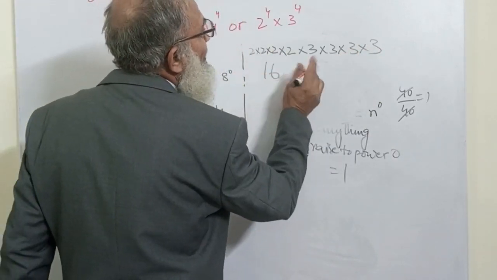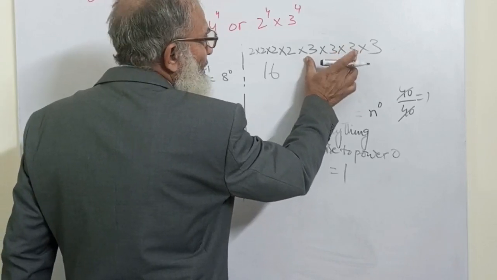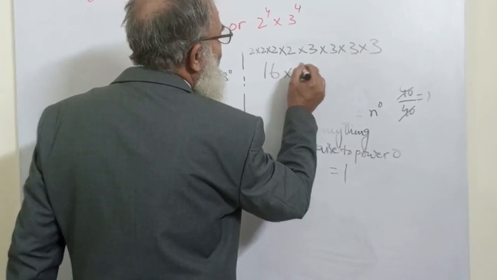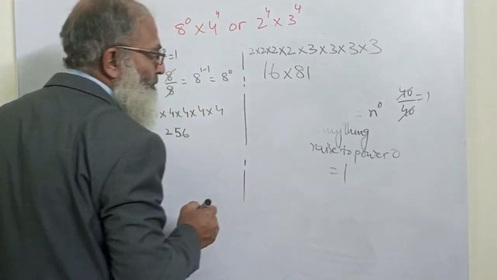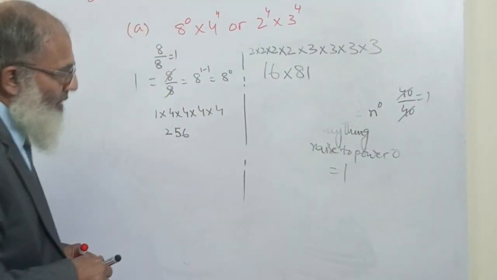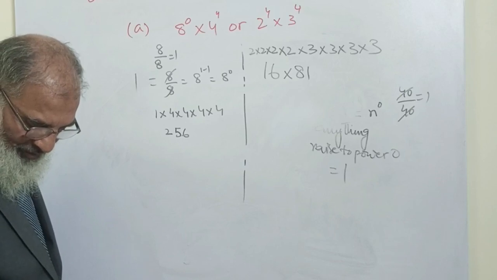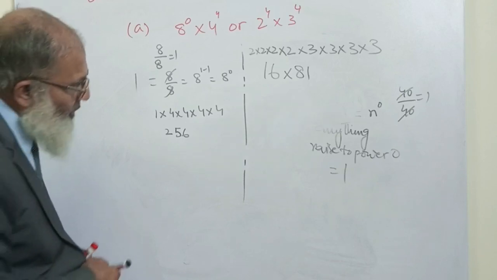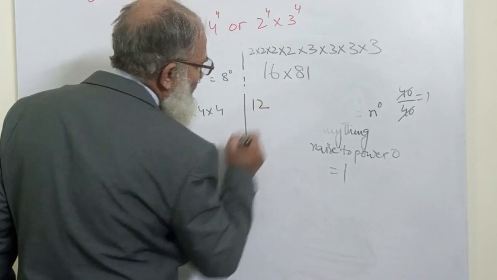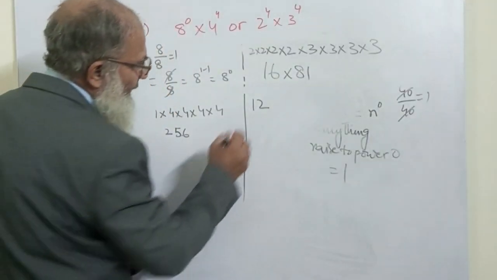It becomes 16, and this becomes 27, 81 multiplied by 81. 16 multiplied by 81 is equal to 1296.